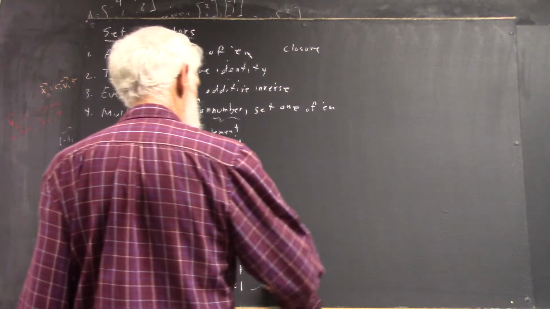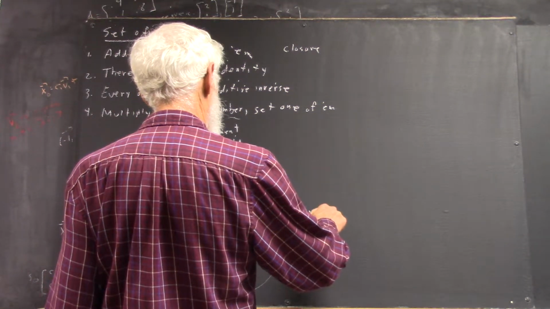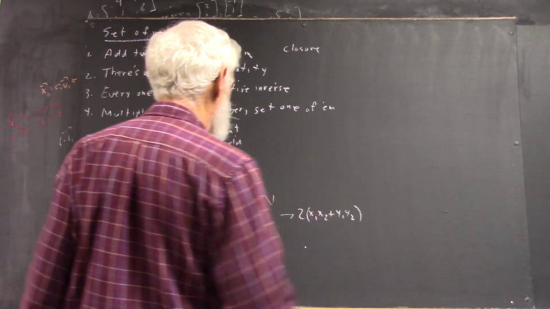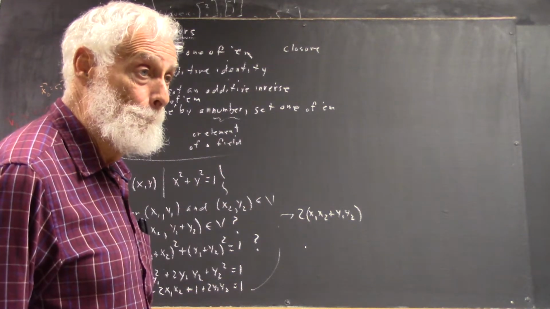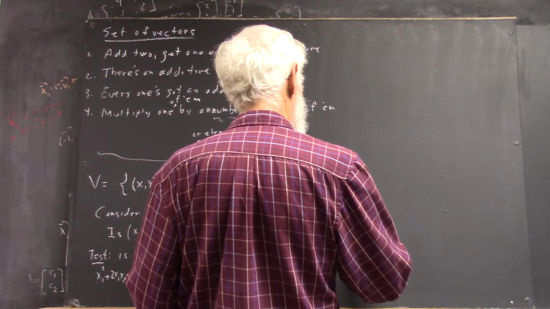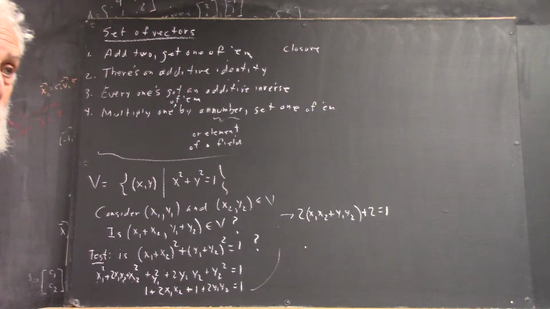So two times, I'll just factor the 2 out of the x1 x2 plus y1 y2, right? Well, I can't say that exactly right, but you know what I mean. Plus 2 equals 1, right? Okay?